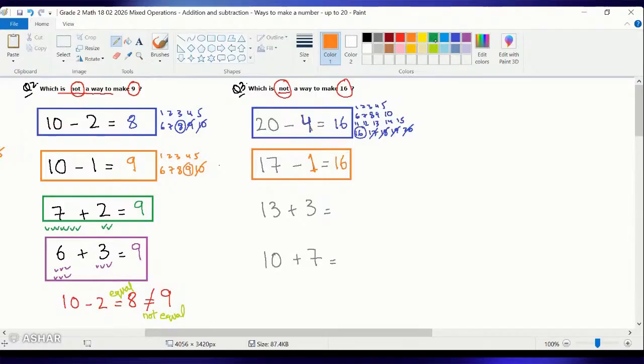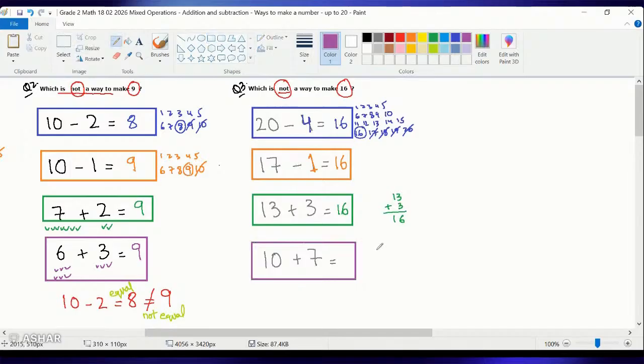For the next, we know that 13 plus 3. So we can add: the ones come under the ones. 3 plus 3 is 6 and 1. So we can say this is 16. How about 10 plus 7?